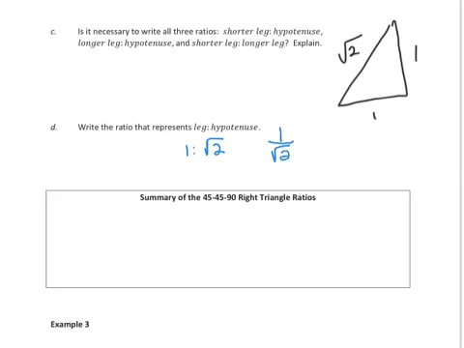We don't like to leave it like that, though. We want to rationalize. So we multiply top and bottom by radical 2. So this ratio is really radical 2 over 2 when you get done. So the 45, 45, 90, it's an isosceles triangle. So both sides are the same, and this is 45 degrees.